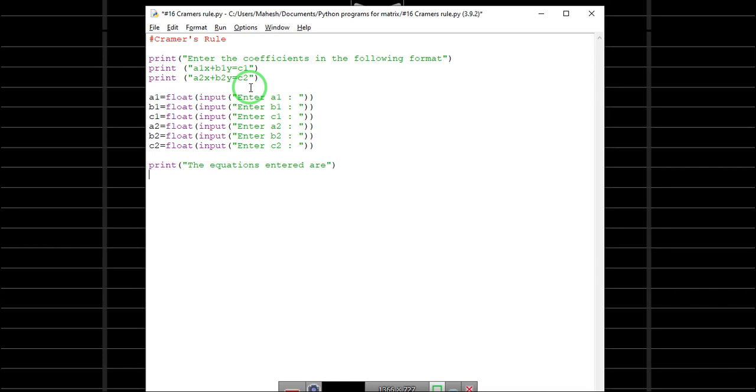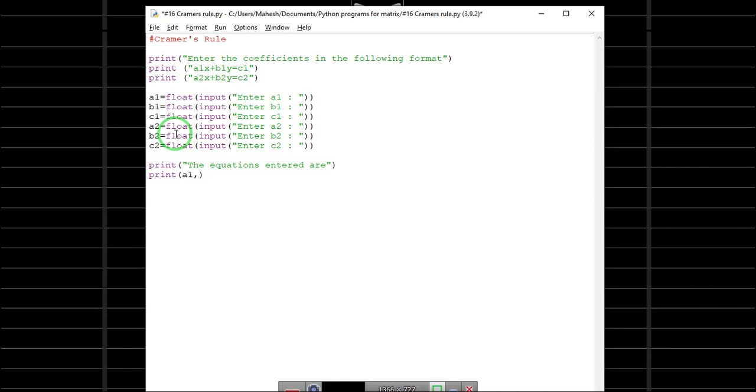Now while printing the equations, we have to be careful because we need to code the values. So print: we can put x, but this a1 value will be coming from the user, so it will be a1 in the comma, then we write the value of x.